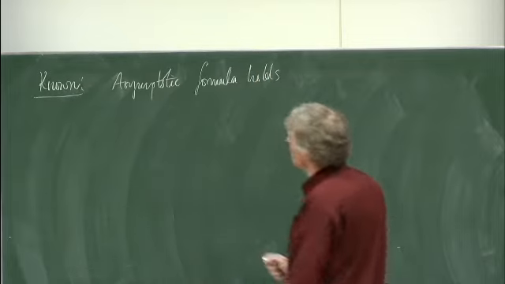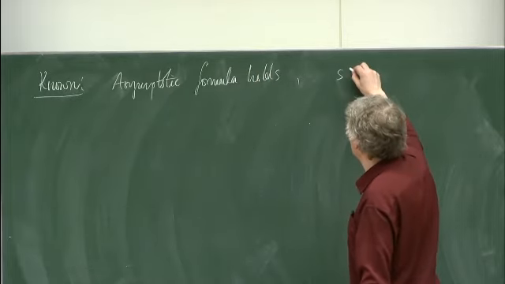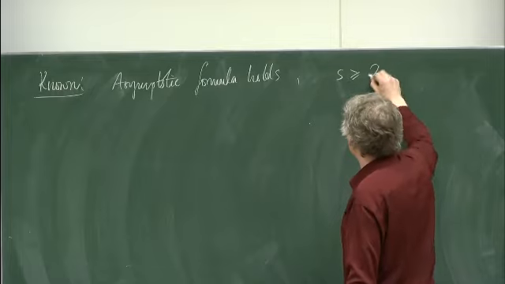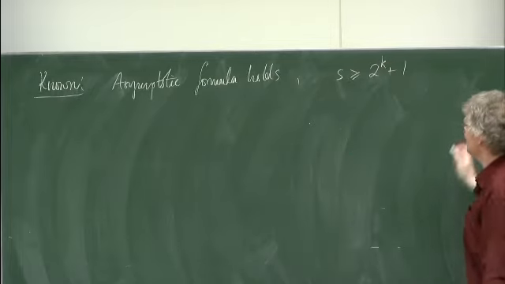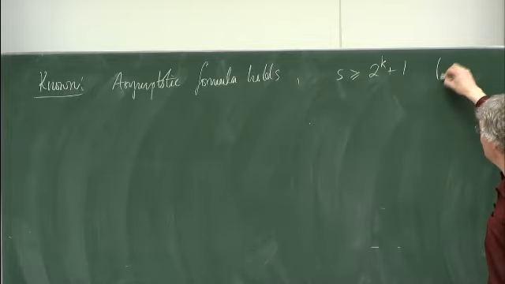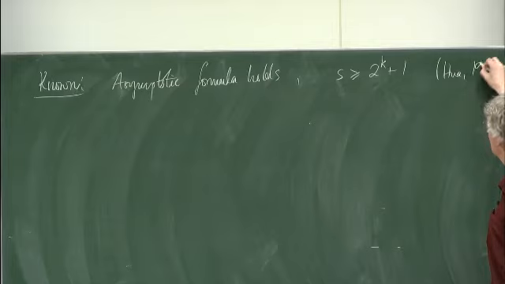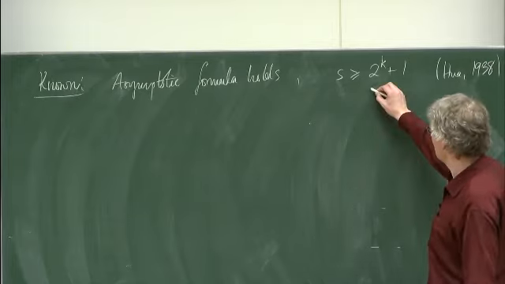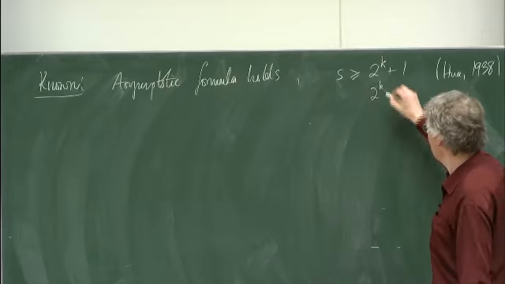Well, the classical state of the art was semi-classical, neoclassical maybe, that this holds when s is at least 2 to the k plus 1. So that's something proved by Hua, building on earlier work of Hardy and Littlewood. And people think about this problem a lot. So if you think about it a lot, then you care about saving 1.